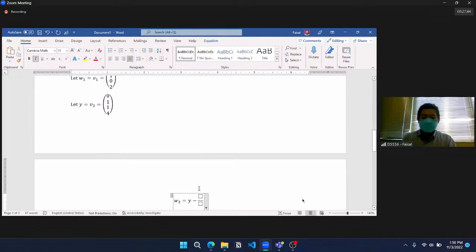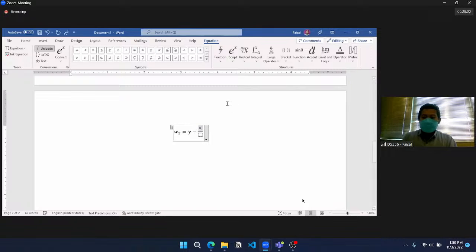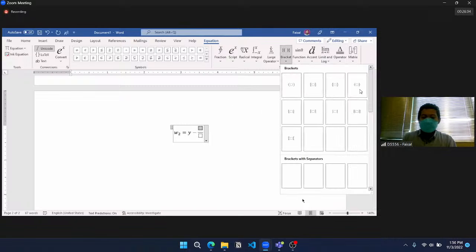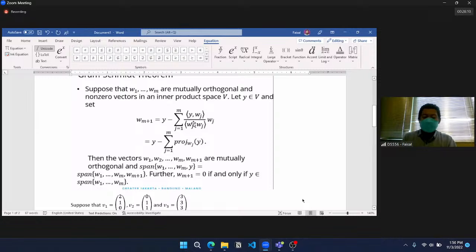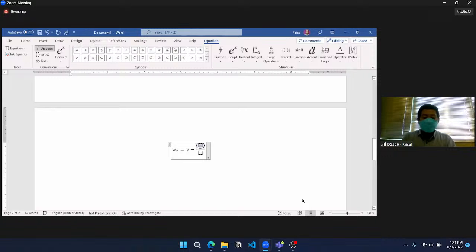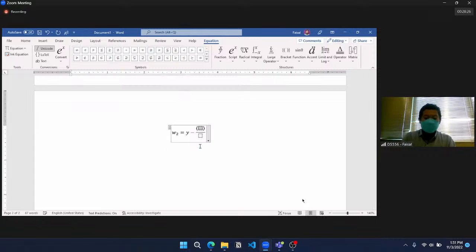We get the fraction of the dot product between y and Wj, W1, because j starts from 1, so y and W1.